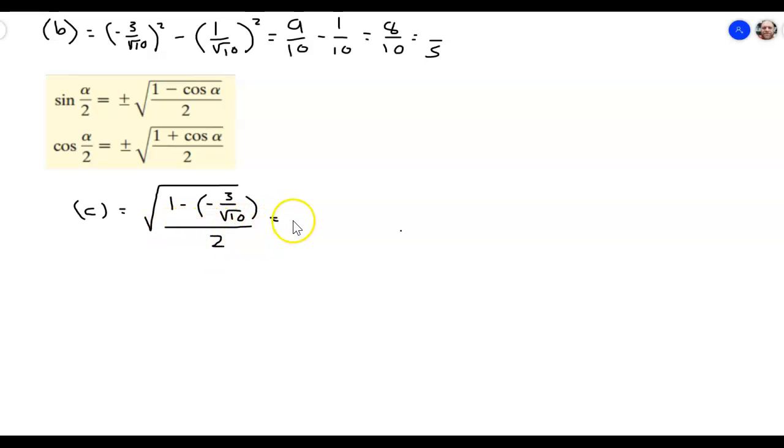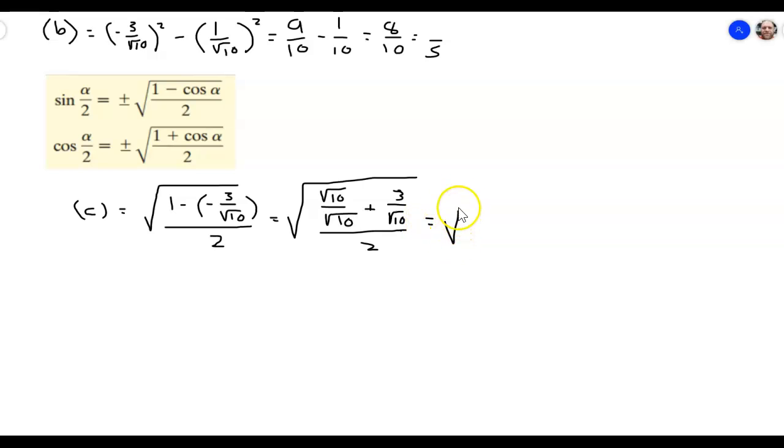First we can combine the top, so we can write that as root 10 over root 10, and the negatives will cancel out, so that's plus 3 over root 10, all over 2.